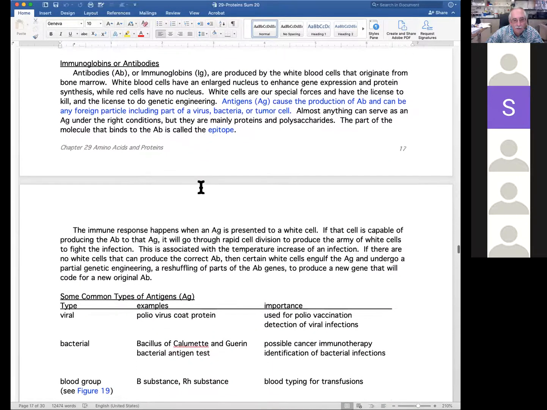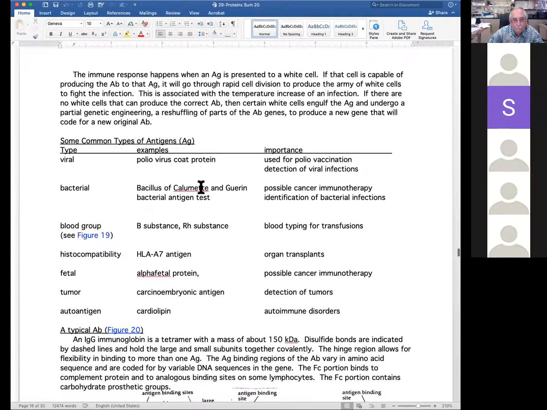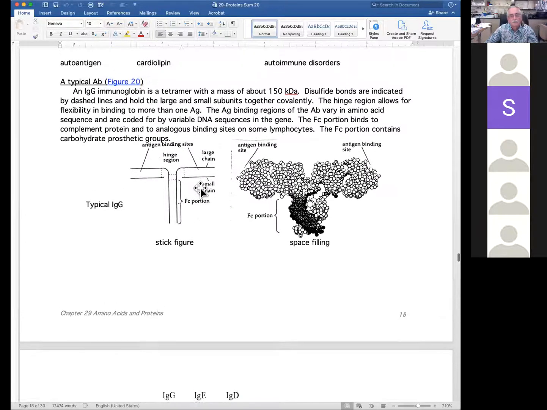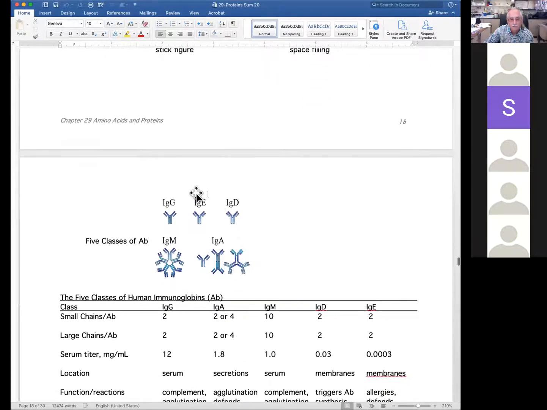Then we talked about antibodies and antigens. Typical antibody structure, you should know a little bit about it, at least this part. You should know a little bit about this.